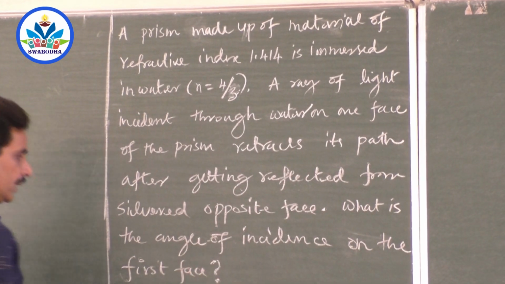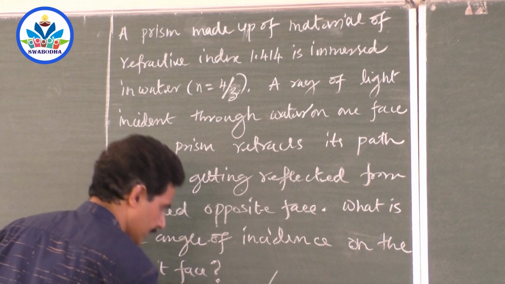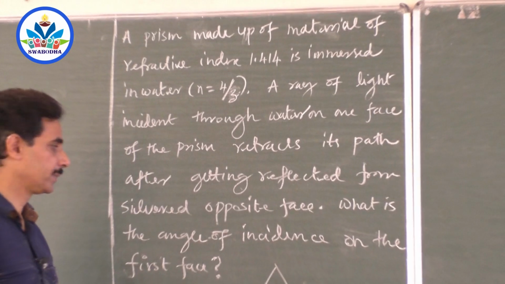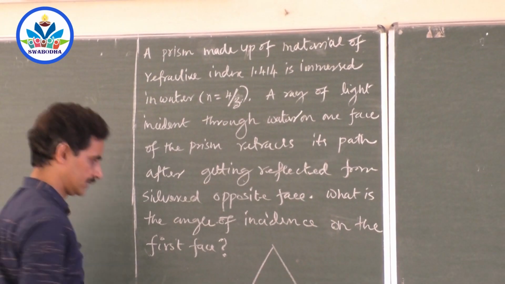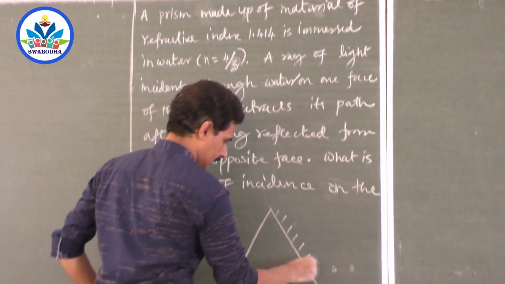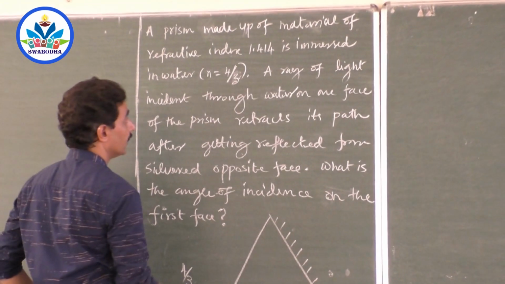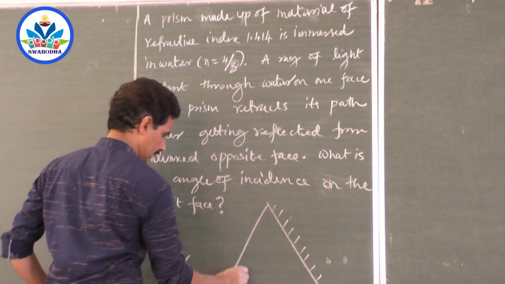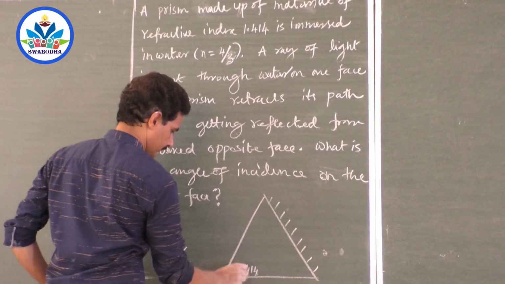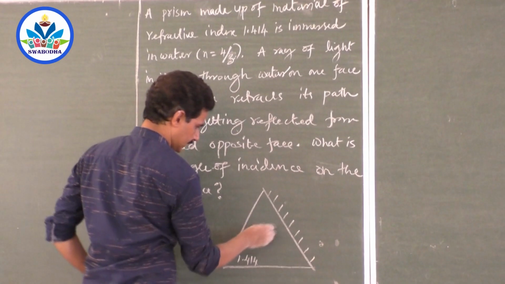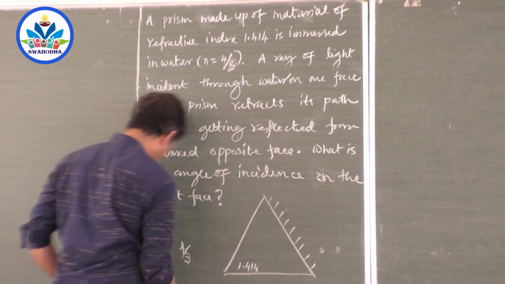Okay. So if you analyze this problem, it is like this. If a light has to retrace the path after being incident on any mirror, say this face is silvered. This is water of refractive index 4/3, and this is the prism medium of refractive index 1.414. If a ray of light has to retrace the path, it has to be incident normally on the face.